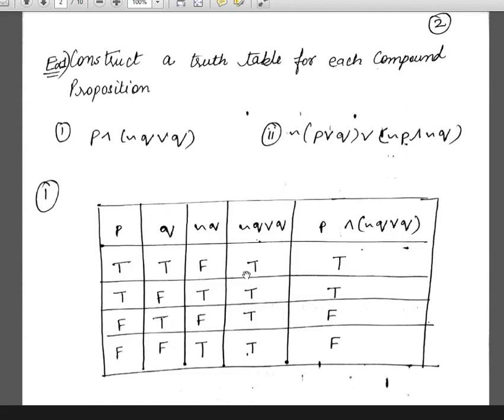Both are true, so the answer is true. True true makes true. False true: one is false and one is true, so it makes false, because if any value is false with the conjunction sign, the answer is false. The last is false and true, so it makes false. This is the final answer, and you find it with the help of a truth table. Actually, there are two methods to find that.